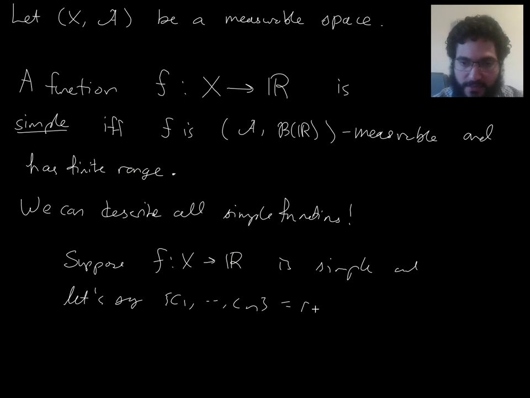So I usually write ran f for the range of f, or the image of f if you prefer to call it that. So these are all real numbers, C1 through Cn, and there's finitely many of them. And I'm assuming they're distinct. Although with this set curly braces notation, they could be non-distinct, and that would not harm this equality. Let's assume they're distinct.